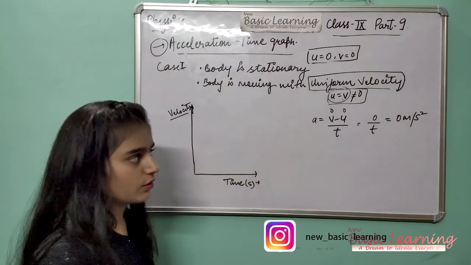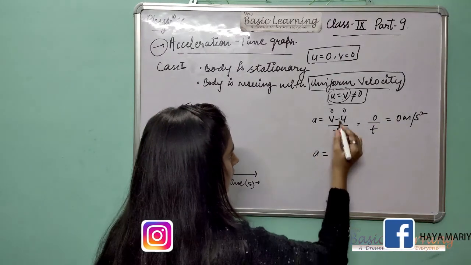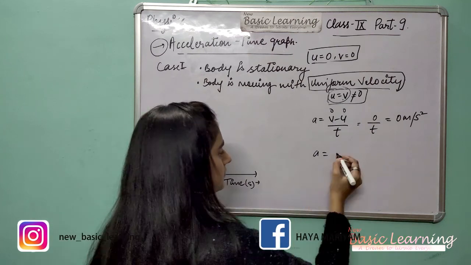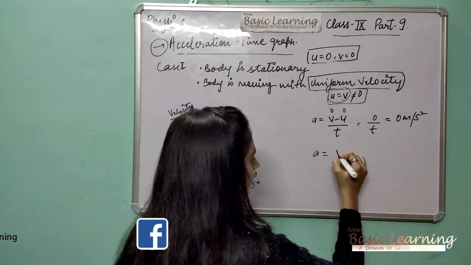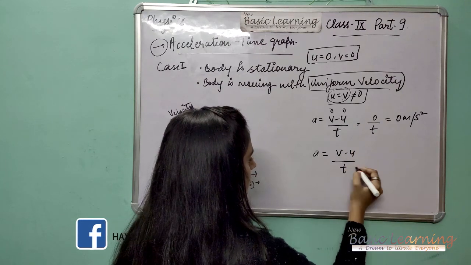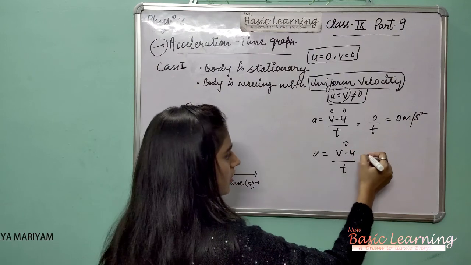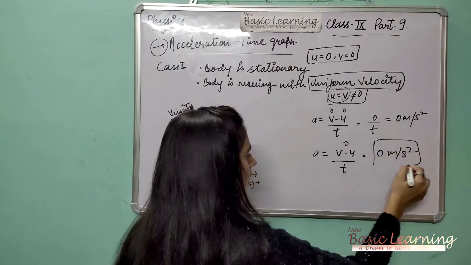Acceleration is 0. In the second case, u is equal to v, so the final velocity and initial velocity are the same. So the acceleration is 0 only, 0 meter per second square.